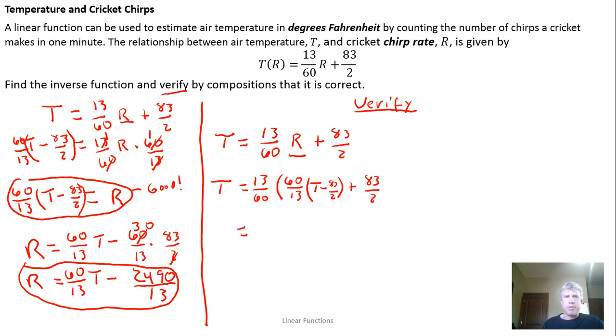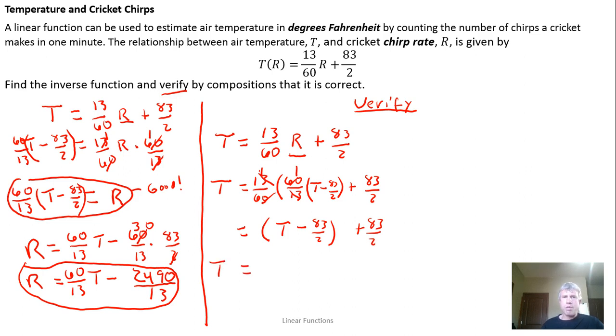And now we want to simplify. I don't even need to distribute. We'll multiply the 13/60ths times the 60 over 13. This will cancel, giving us a 1. 13 divided by 13 is 1, 60 divided by 60 is 1. 1 times the stuff in parentheses is just the stuff in parentheses, plus the 83 over 2.